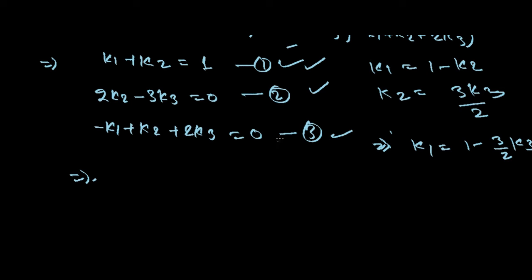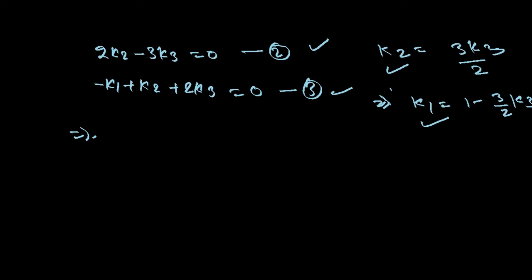Now we have K1 in the form of K3, K2 in the form of K3, and K3 is already in the form of K3. So K1 equals 1 minus 3 by 2 K3, K2 equals 3 by 2 into K3, and we can substitute these values in equation 3.